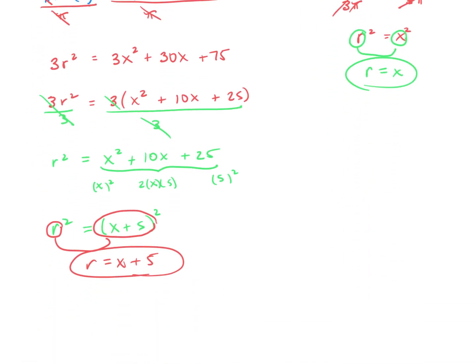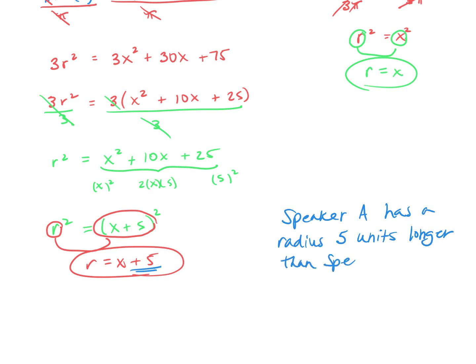Well, if speaker B has a radius of x and speaker A has a radius of x plus 5, we can conclude that speaker A has a radius 5 units longer than speaker B, because of that plus 5.